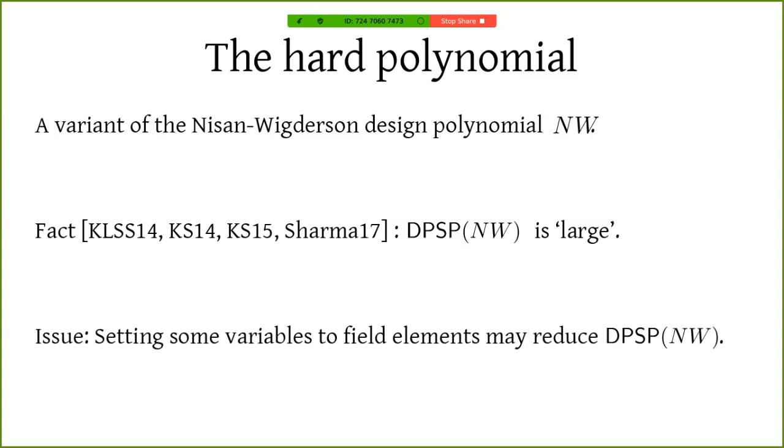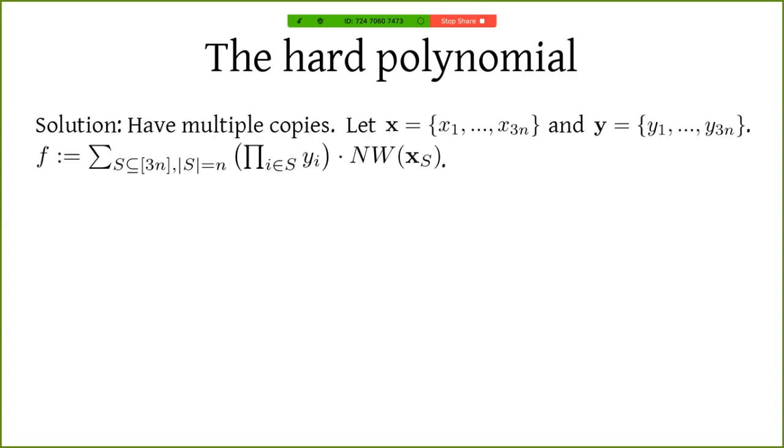We handle this problem by including multiple copies of the Nisan-Wigderson polynomial in our hard polynomial f. In particular, our hard polynomial f is a polynomial in 3n x and 3n y variables, and contains one copy of Nisan-Wigderson polynomial for every subset S of 3n of size n, along with a prefix in y variables.